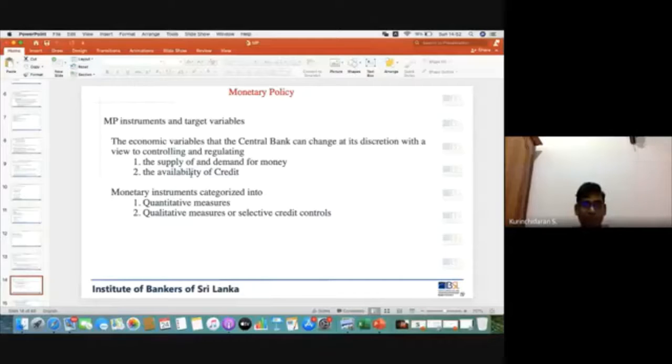These are two things the central bank can change through its monetary policy.